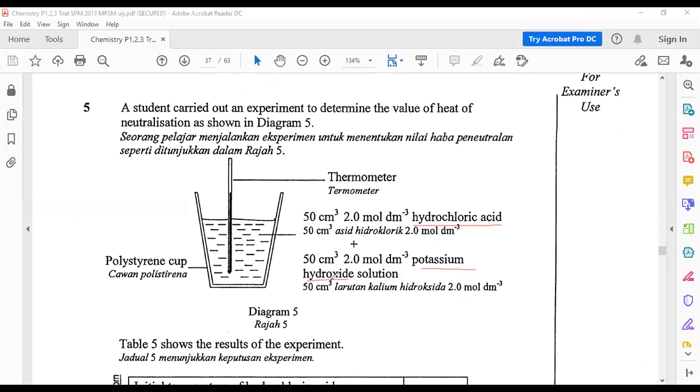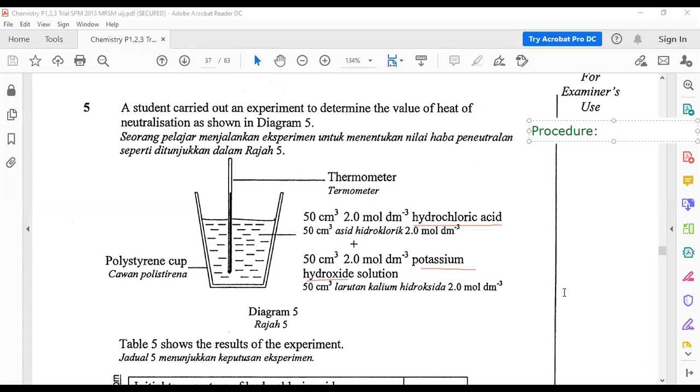Okay, before we move on, I want you to tell me about the procedure to determine the heat of neutralization. Can someone tell me? We are using the volume and concentration of this hydrochloric acid and the potassium hydroxide solution used here.